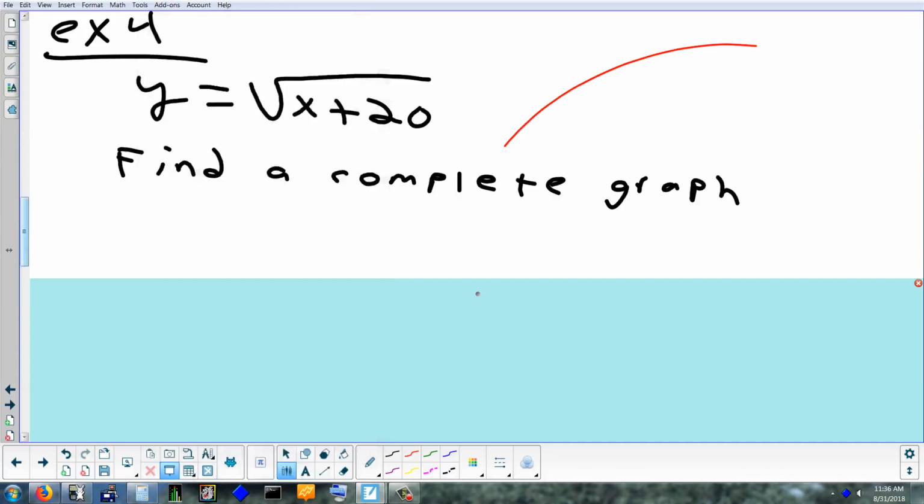How big of a number can you take the square root of? Well, Emily? Any thoughts? How big can you go if you want to take the square root of something? Well, Renee?